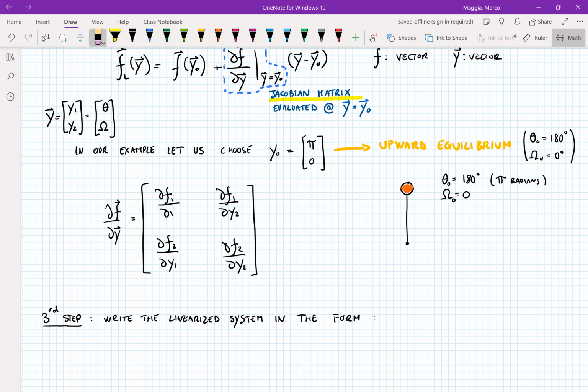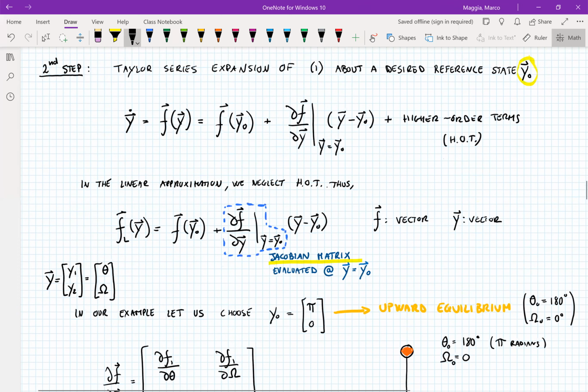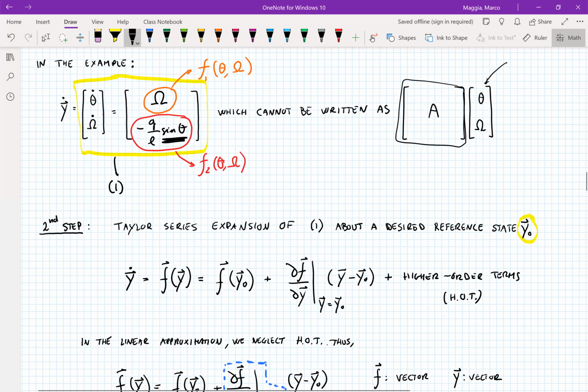So actually, just to introduce more notation, we can write it directly as theta and omega. Now you understand why I called the two functions earlier f1 and f2.